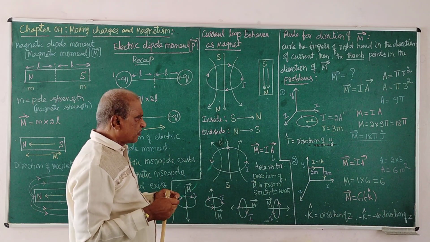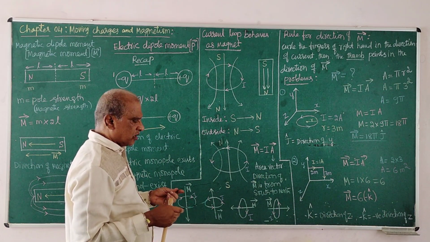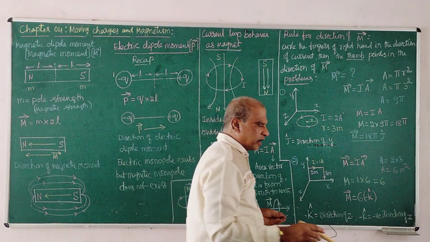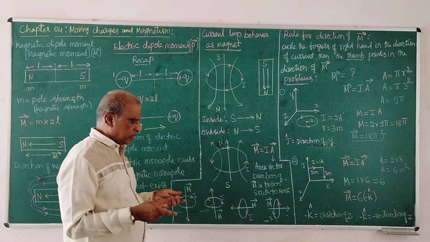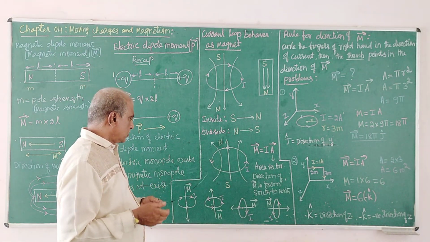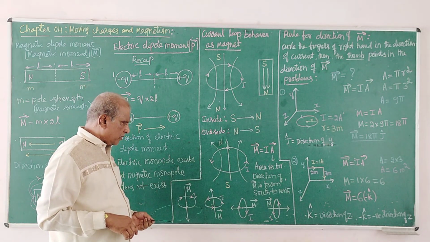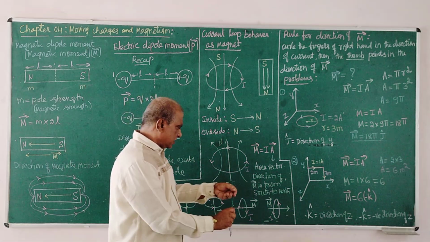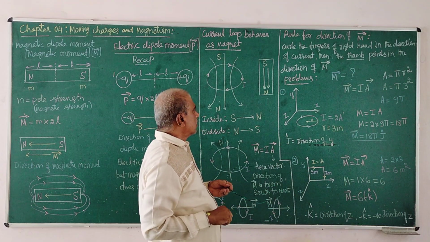Let us have different alignments. How do you find the direction of M? If any loop carries current, we need to perceive the direction of M, which is very important. Here is one alignment, another alignment, and another; the current reverses.